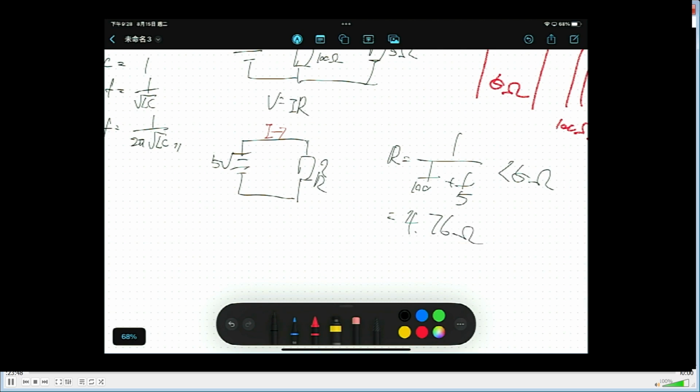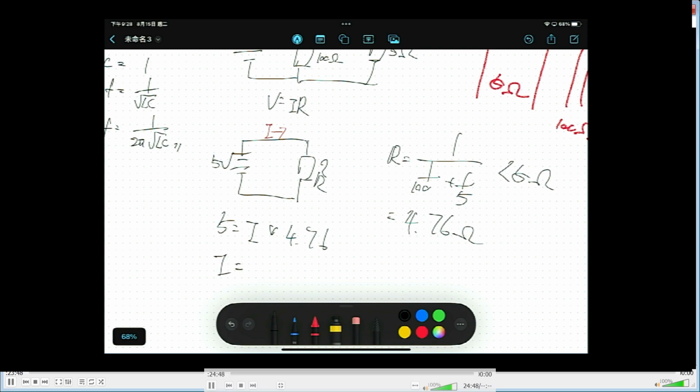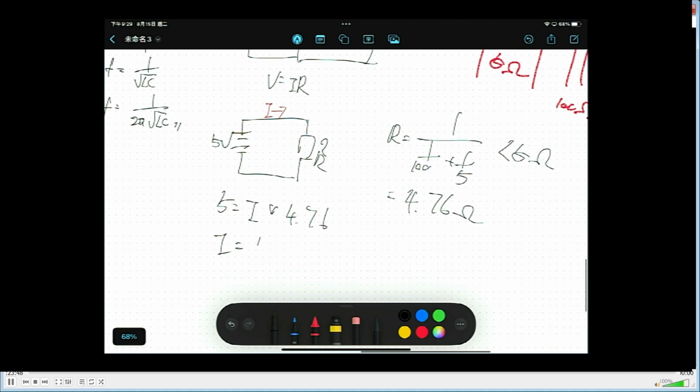okay, 4.76. So V equals IR. 5 equals I times R. What is I? Which is 1.05.